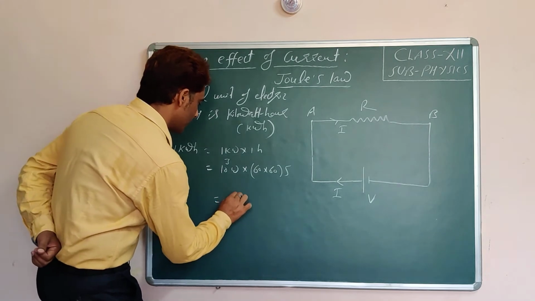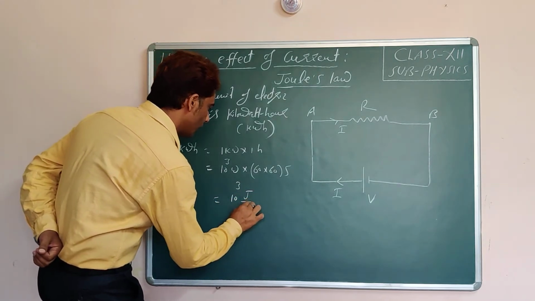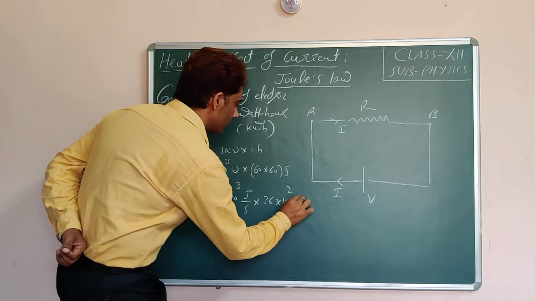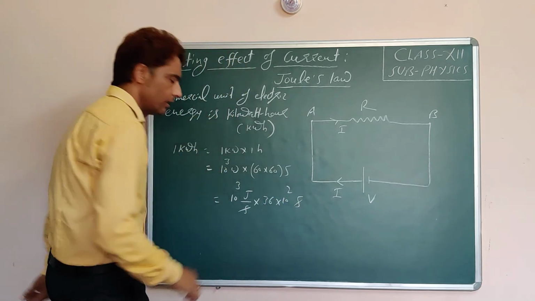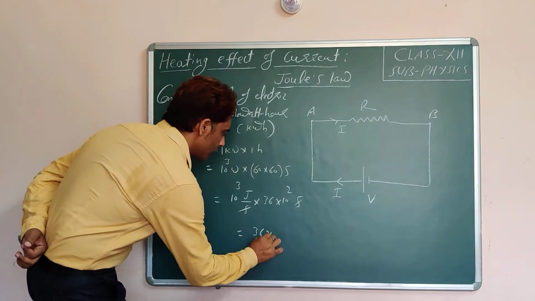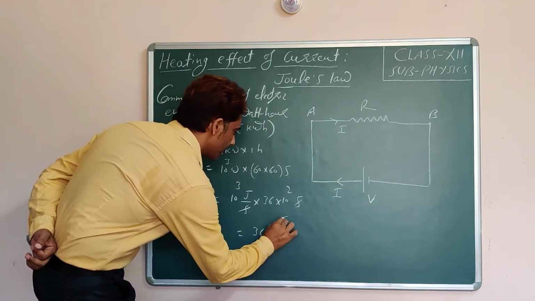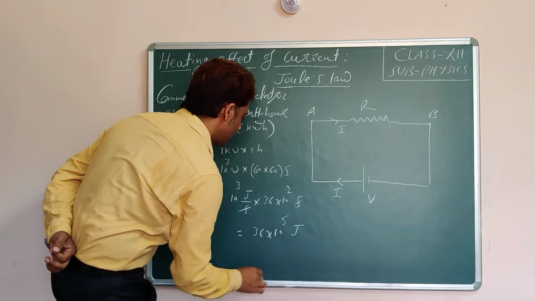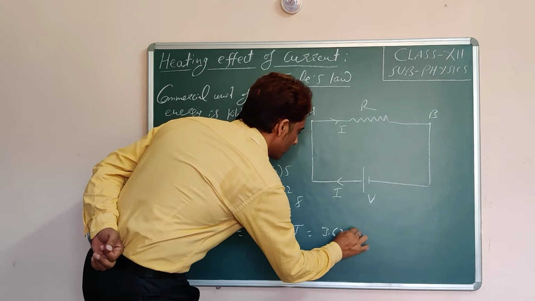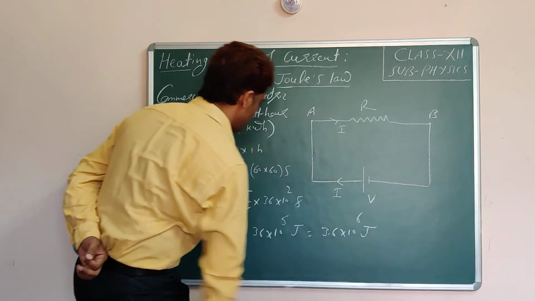So 10 raised power 3 joule per second into 36 into 10 raised power 2; second and second get cancelled. So we get 36 into 10 raised power 5 joule, that is equal to 3.6 into 10 raised power 6 joule.